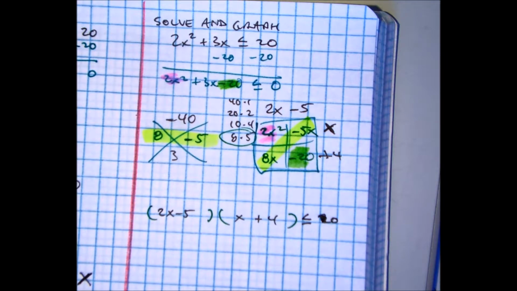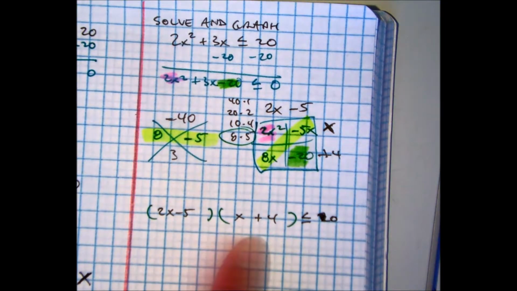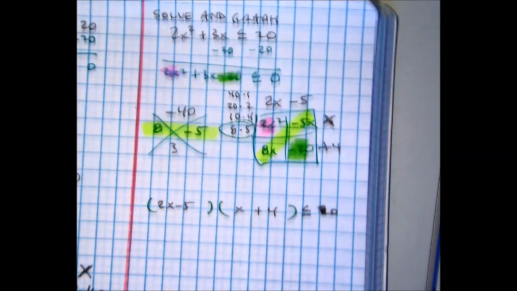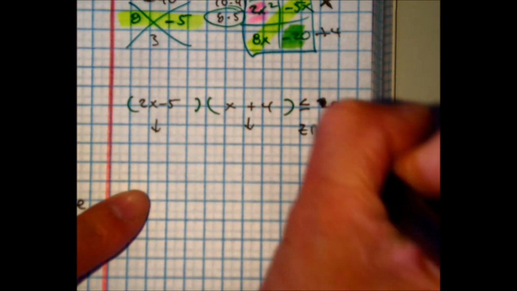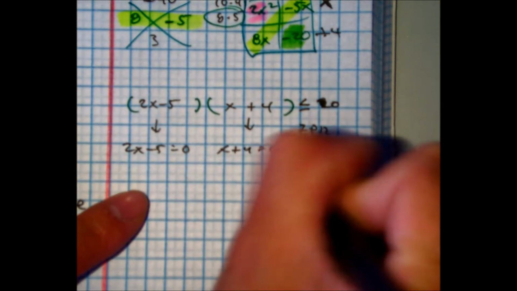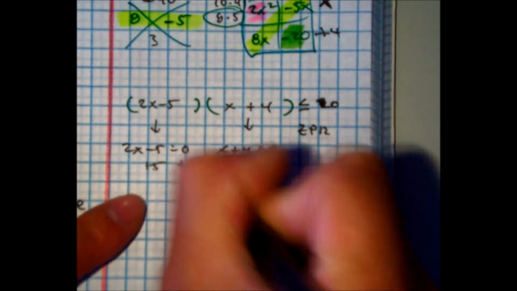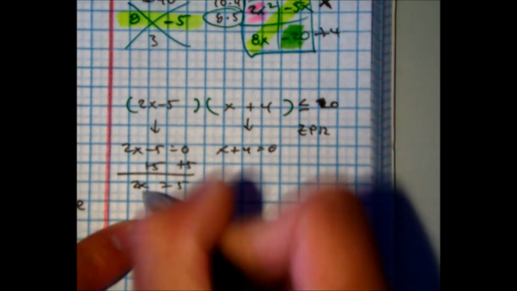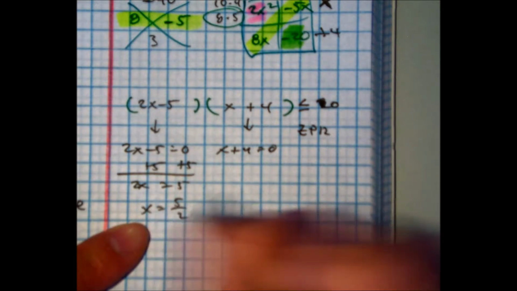Raise your hand if you factored it like that. Raise your hand if you got these factors. Okay. So if you did the quadratic formula, then you would have gone to the zero product rule: 2x minus 5 equals 0, x plus 4 equals 0. Add 5, 2x equals 5, divide by 2, x equals 5 halves.